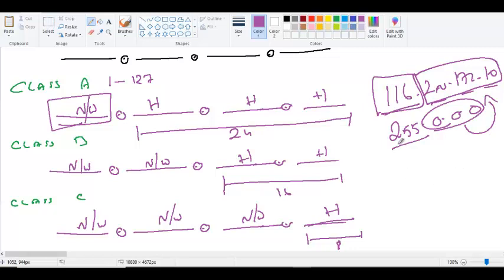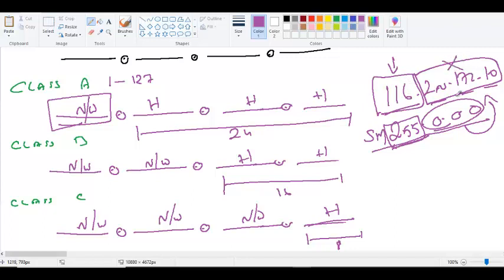So with the help of the subnet mask also, you will know which octet is network and the rest are host. So when I see 255, I can understand that only this 8-bit octet is network. These are all not network, they represent host.